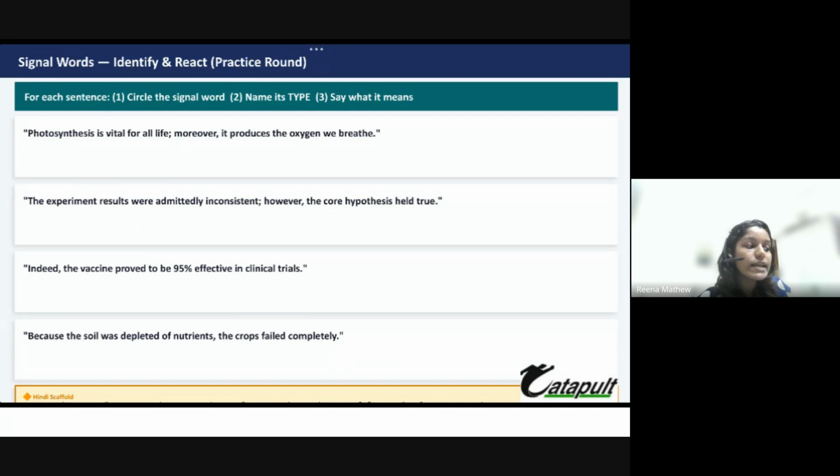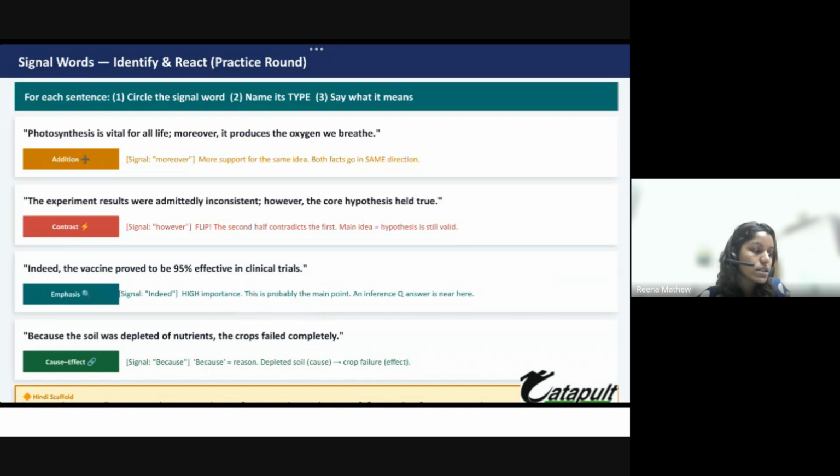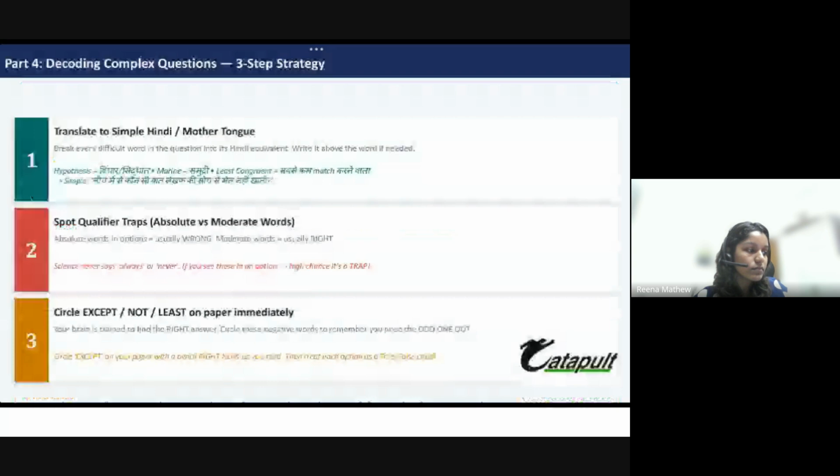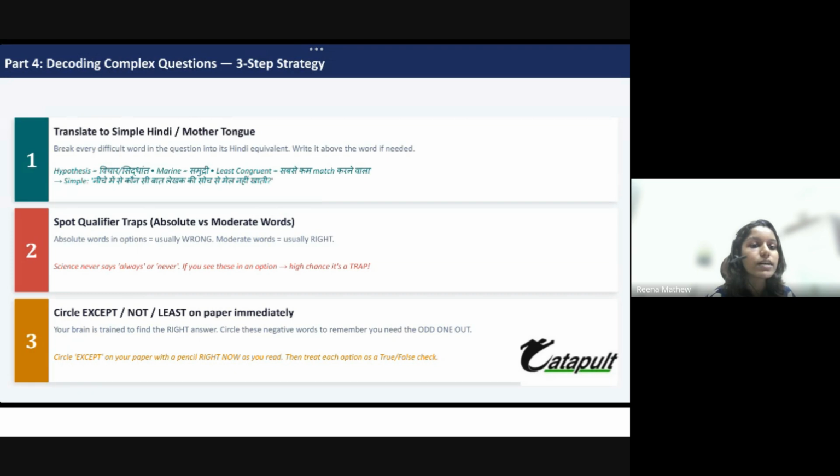So I am giving you the reason when I am using words like because. Also you can see cause and effect here. So this is the strategy. Ideally, you are not supposed to translate from your mother tongue to understand English passages. But if it's very difficult, look at the words you know the meaning of, think of the Hindi meaning, then club it together and guess the rest of the meaning.